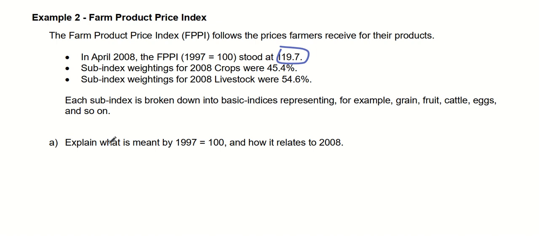Okay, that's good. Explain what is meant by 1997 equals 100 and how it relates to 2008. So what this means here is that there's a jump from 100 to 119.7. So what does it jump by?